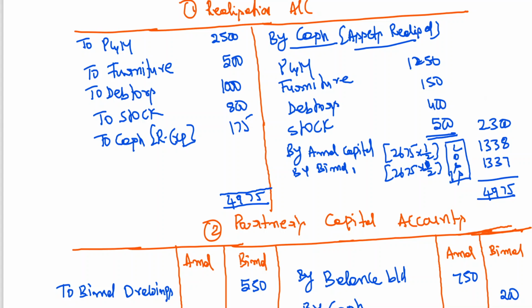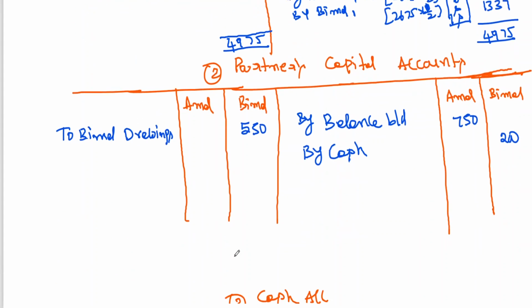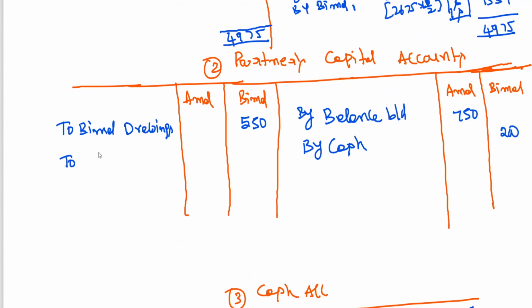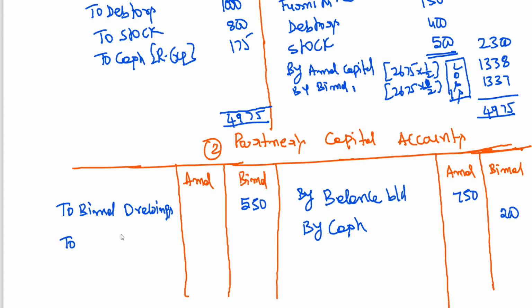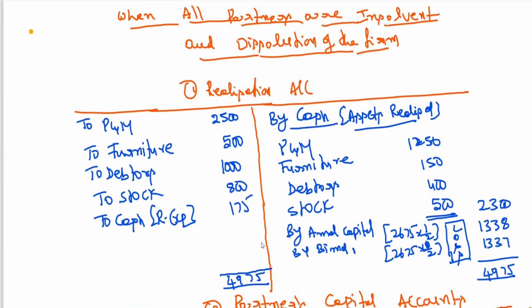Now this will be debited to partners capital account, to realization account, loss. 1338, 1337. Realization account has been closed.